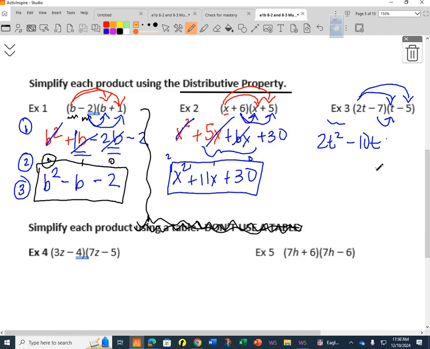What's negative 7 times t, Jaden? Negative 7t, right? It's negative 7 times positive t, so negative 7t. Notice you don't see there's a 1 on that t, right? So it's always number times number and variable times variable.